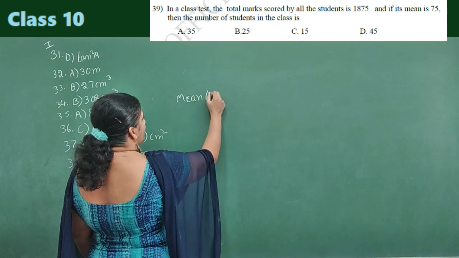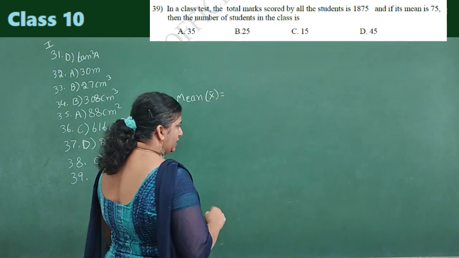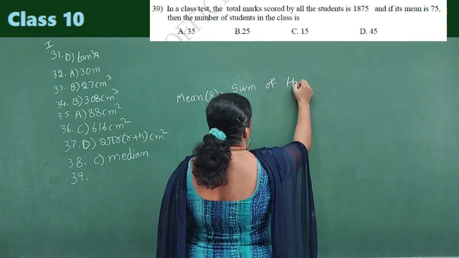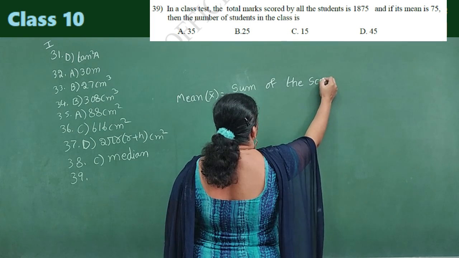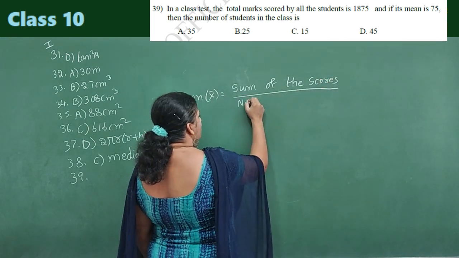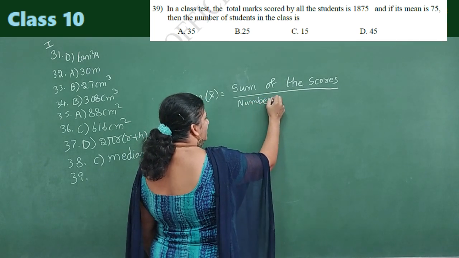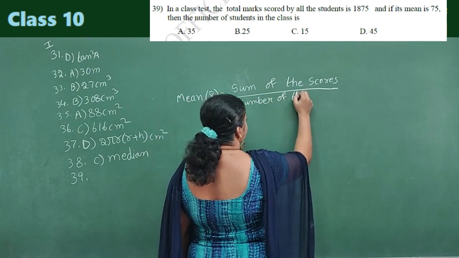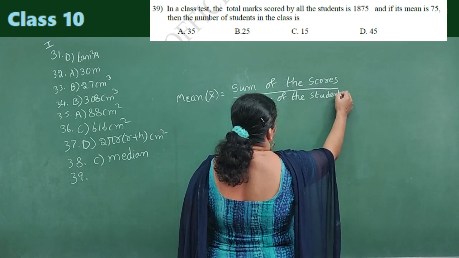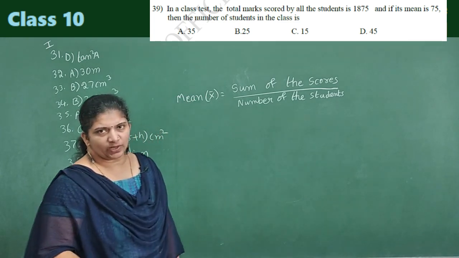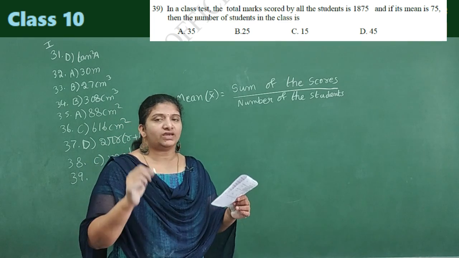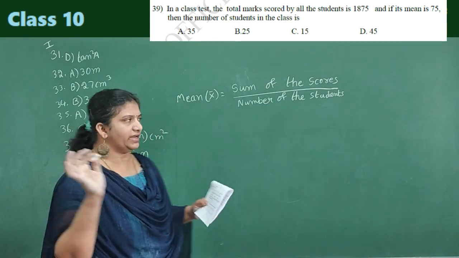That means mean formula, mean x bar is equal to sum of the scores of the students by number of students, because in your question we are going to calculate the number of students.